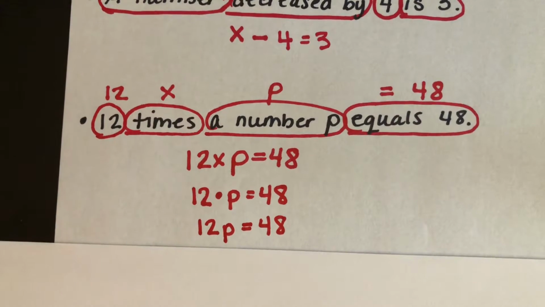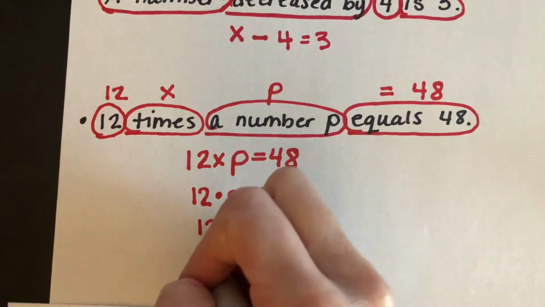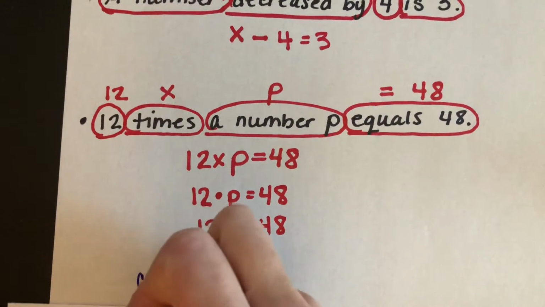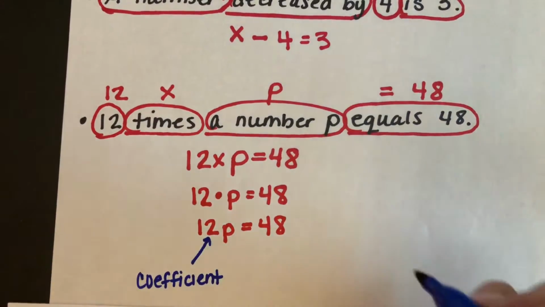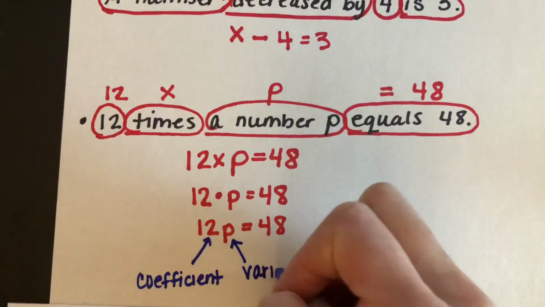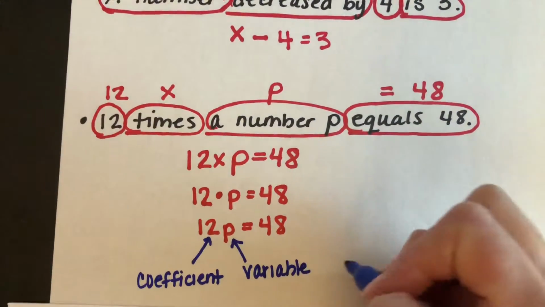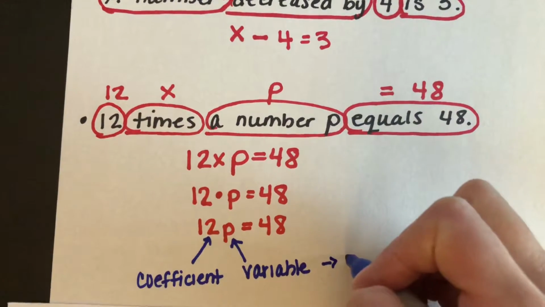So here you have your coefficient, and you have your variable, and when they are next to each other, they mean to multiply.